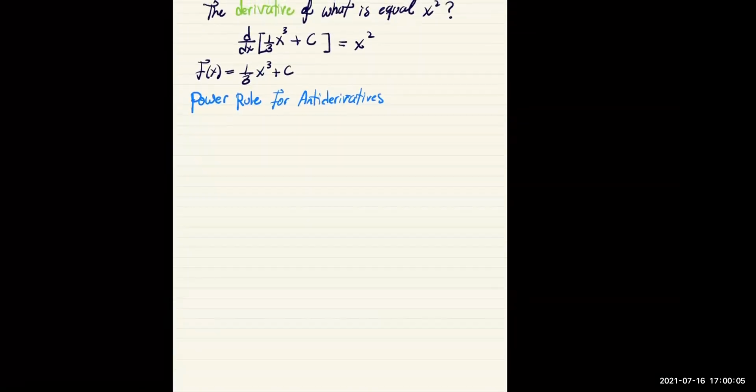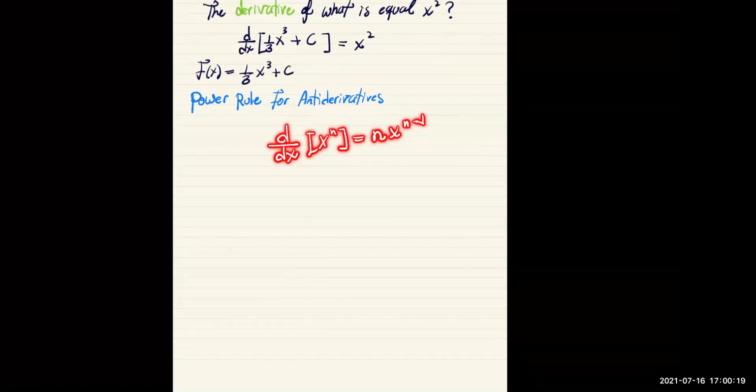Okay, so remember the power rule for derivatives said that the derivative of x to the n, and we proved it, is equal to n x to the n minus 1. Power rule for derivatives.